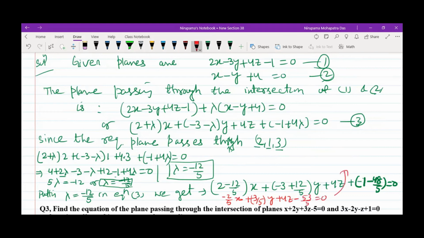In other words, finally what you are getting is minus 2x minus 3y plus 20z minus 53 equal to 0, or make it proper: 2x plus 3y minus 20z plus 53 equal to 0. This is the required plane.